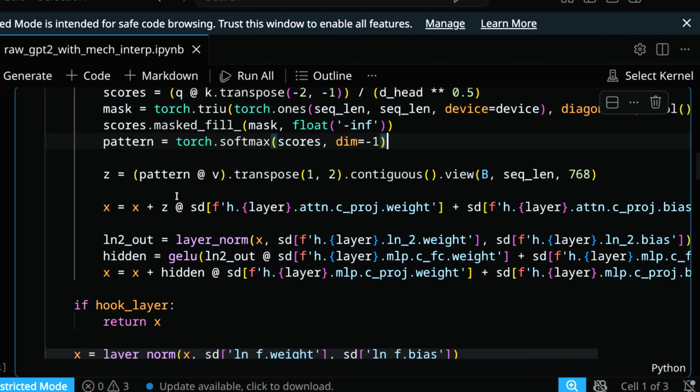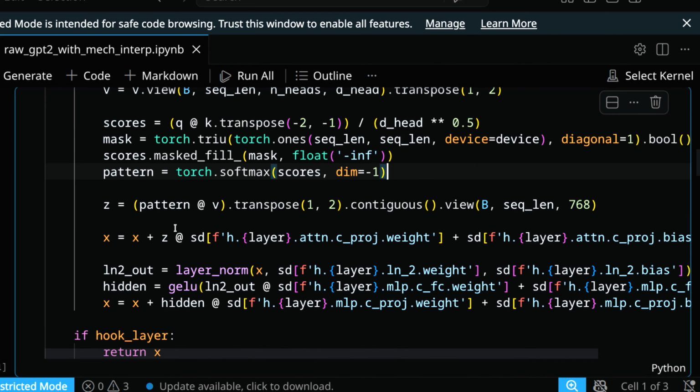So here the pattern, which is carrying the scores of the queries and keys, is called the attention scores. It's matrix multiplying with the values at that point, and then it transposes and converts it back to the original length.